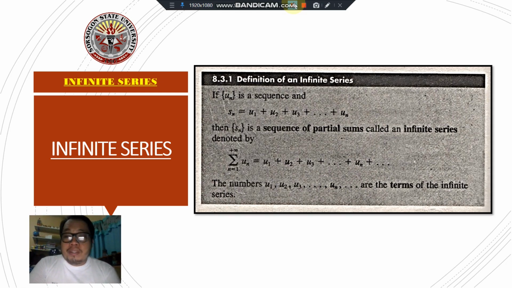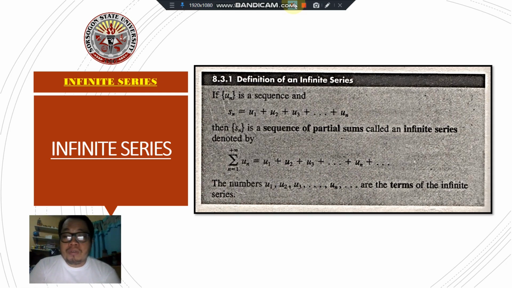If U sub n is a sequence and S sub n is equal to U sub 1 plus U sub 2 plus U sub 3 up to plus U sub n, then S sub n is a sequence of partial sums called an infinite series, denoted by the summation of U sub n where n equals 1 to positive infinity, and that is equal to U sub 1 plus U sub 2 plus U sub 3 plus up to U sub n plus up to infinity. So that is how we denote an infinite series.